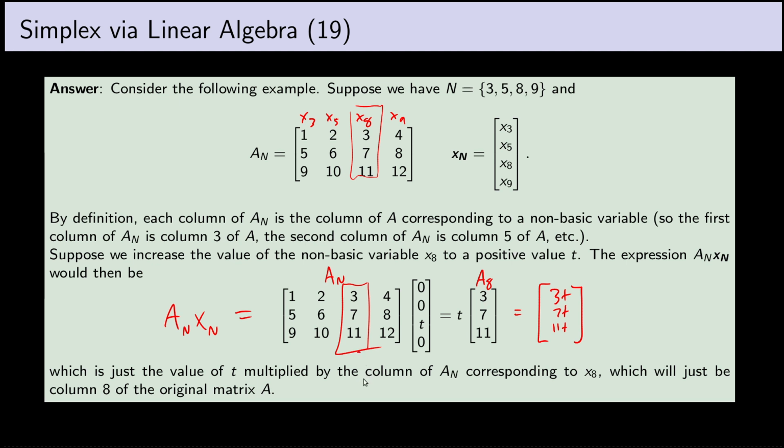We know, though, that by consistency, the location of our non-basic variable in xN will match the location of that column in AN, so the thing we end up with will always be column 8 of the big matrix A. So this product ends up just equaling the new value of x8 multiplied by column 8 of my matrix A.